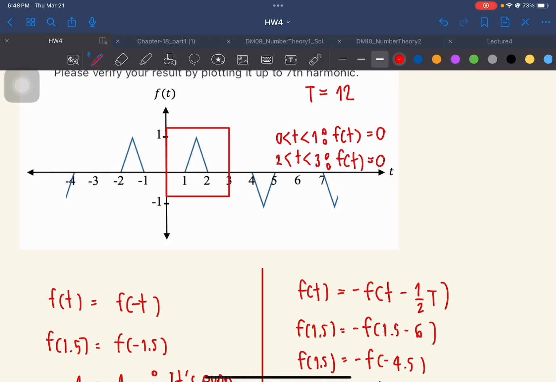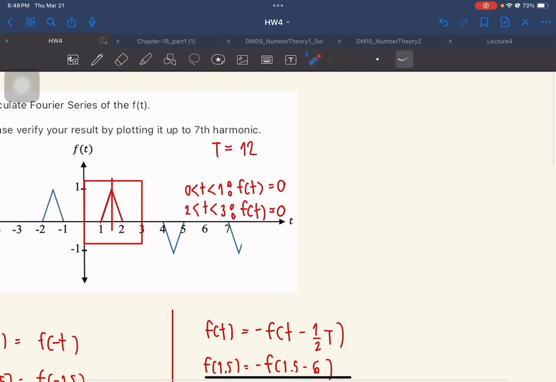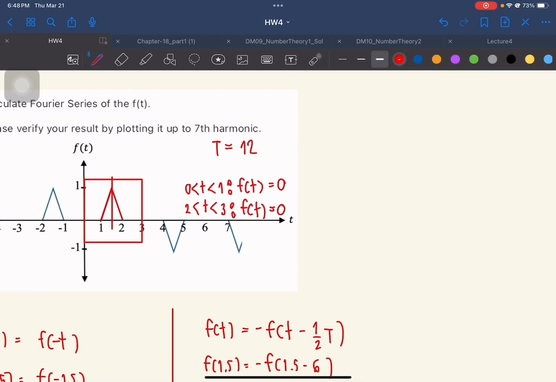So we will think only about this part, because this and this are equal to 0. You will see that the slopes of the two sides are not equal. This side is positive, and this side is minus or negative. Okay, so we will separate them to think about it.